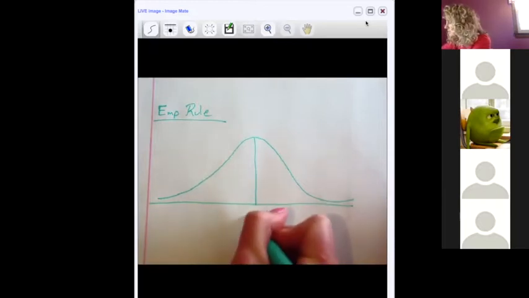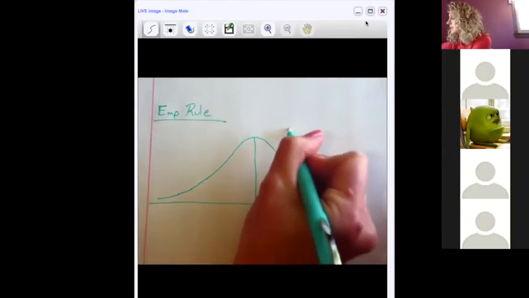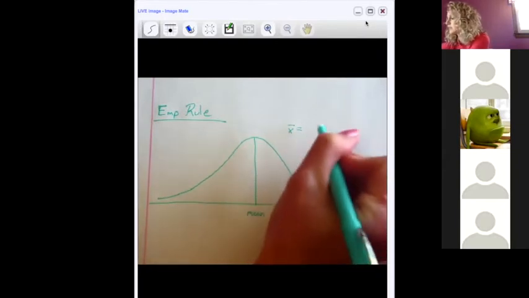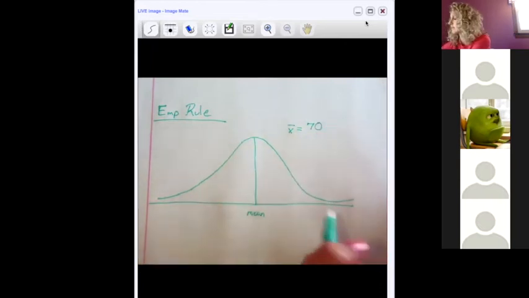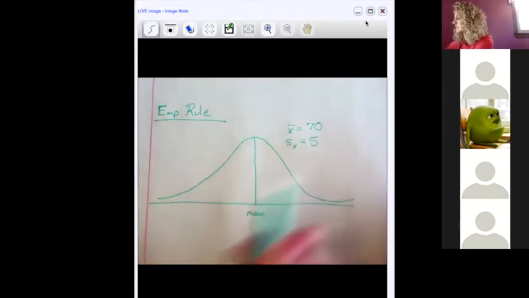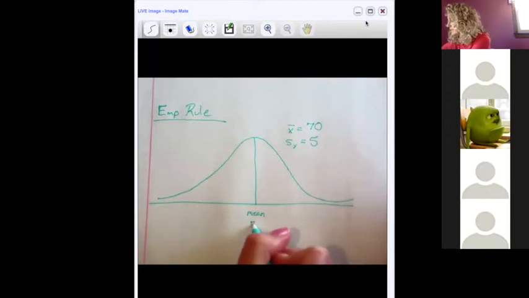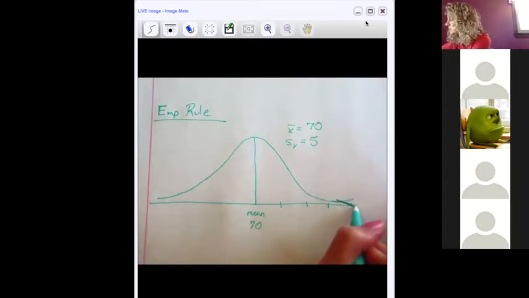So remember, this is the mean. So let's say that the mean of my sample is 70. Okay, and let's say that the standard deviation of my sample, we'll make it something easy to calculate, is 5. So if the mean is 70, this would actually come down like this, tail off.